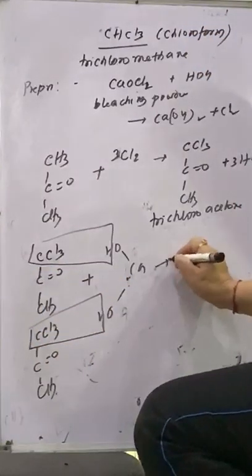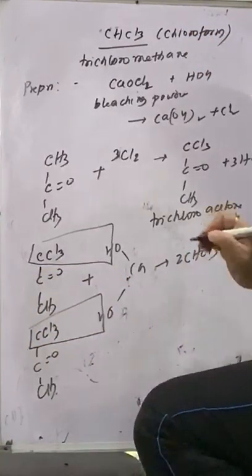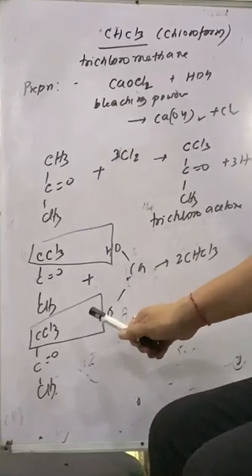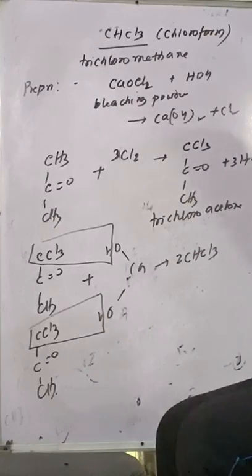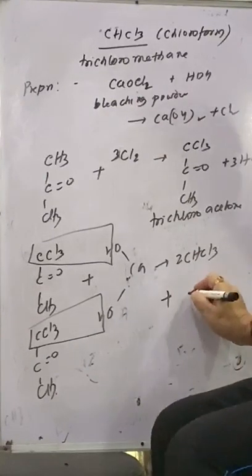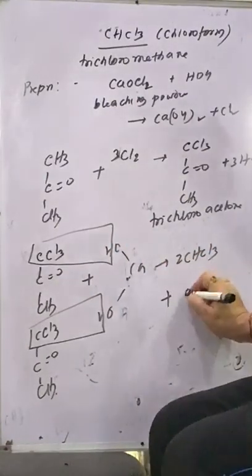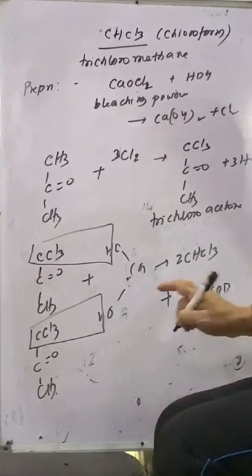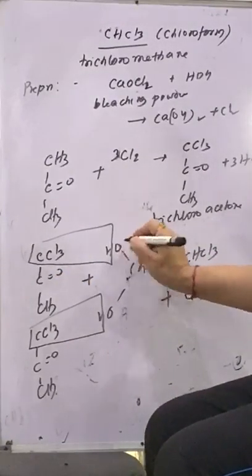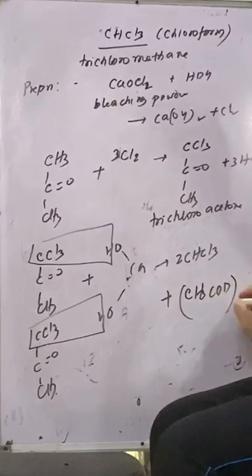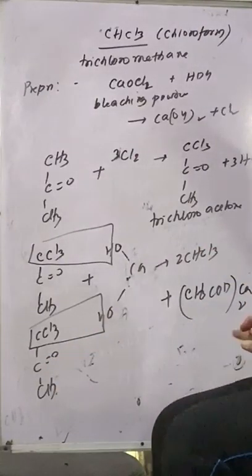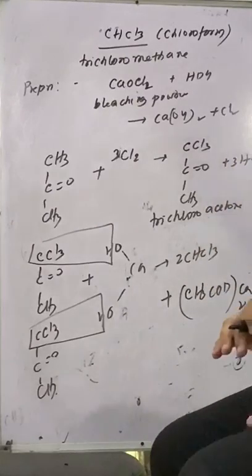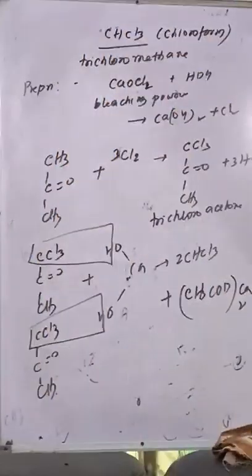That means you are getting 2 CHCl3, and simultaneously you get (CH3COO)2Ca. It's called calcium acetate. This is the first method of preparation of chloroform that we have discussed.